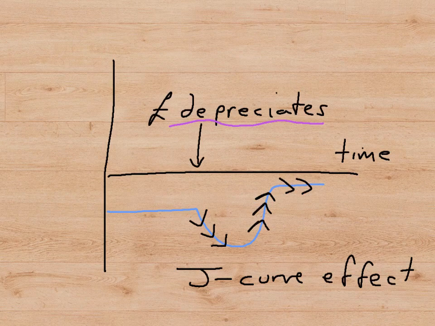So the path of the trade balance follows a so-called J shape, and this is called the J-curve effect.